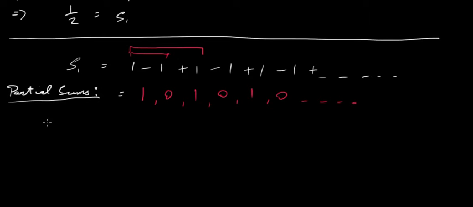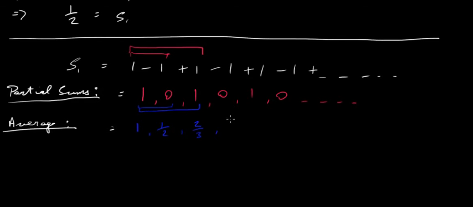Now what I'm going to do is have a look at the average of these partial sums. So if I look at the average here, if I average the first one I just get 1. Average these two here, that's 1 plus 0, which is 1, divided by 2, so that's going to give me 1/2. And the first 3, average those 3, so it's 1 plus 0 plus 1, which is 2, 2 divided by 3, so that's going to give me 2/3.